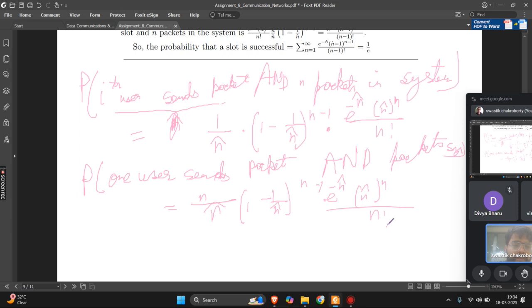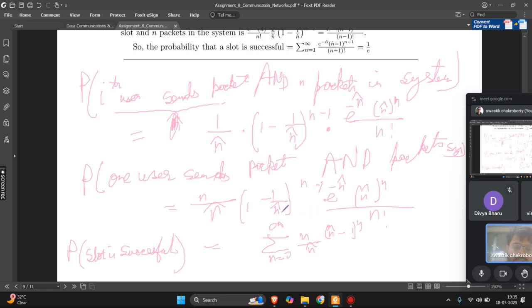Now how many packets can be in the system? We have to take a sum over all of them. So for the slot being successful, we have to take a sum over all the possible numbers of packets. So summation n equal to 0 to infinity, n by n hat, (n hat minus 1) to the power n.